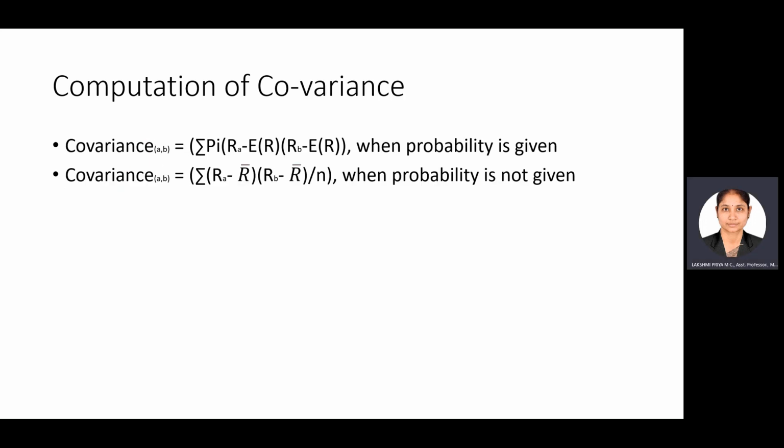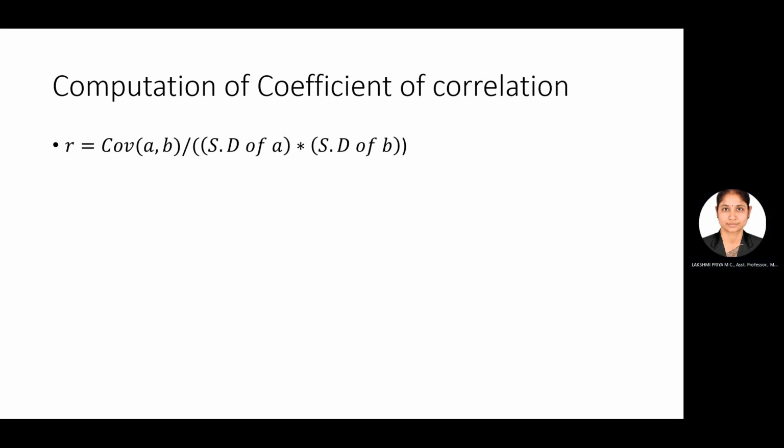We also have to calculate the variance of the return, which is nothing but the square of the standard deviation. And the formula to calculate covariance is shown in the slide when probability is given and when probability is not given.